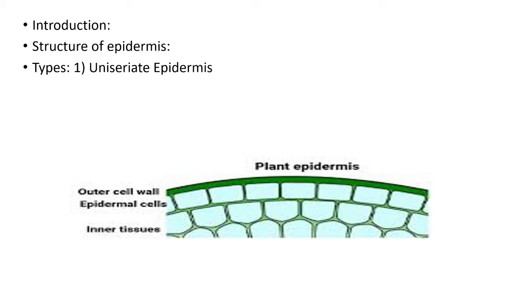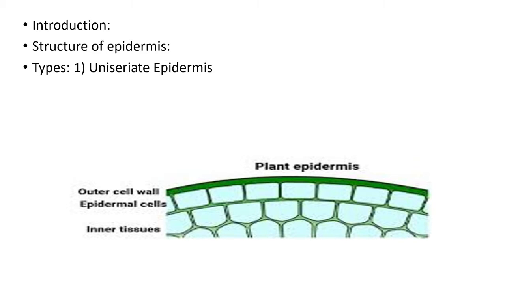In total, there are different tissue systems, for example epidermal tissue system, ground or fundamental tissue system, mechanical tissue system, and vascular tissue system. In this chapter, we have to study only the epidermal tissue system.